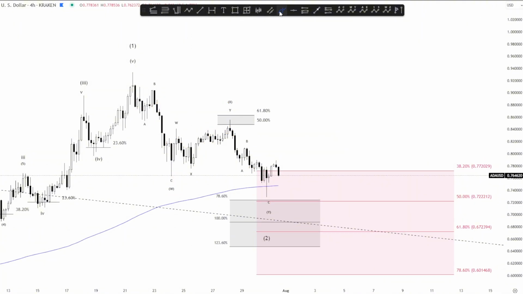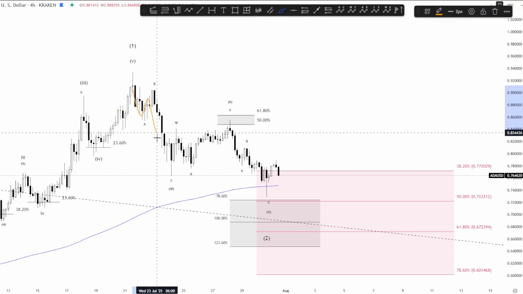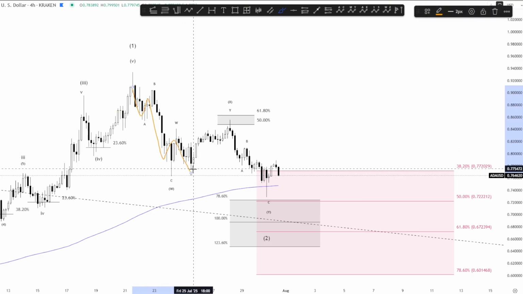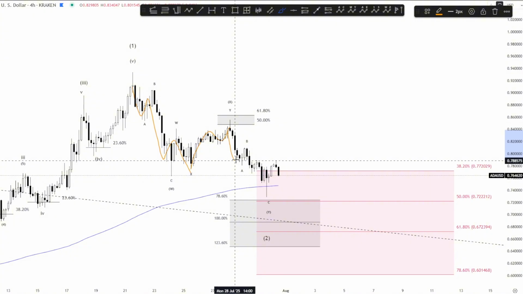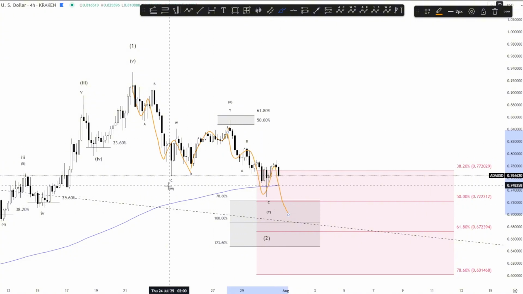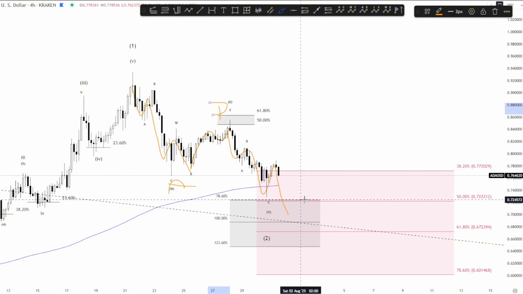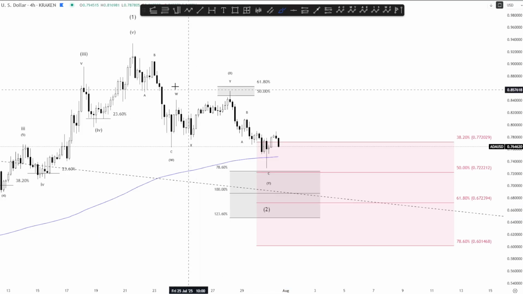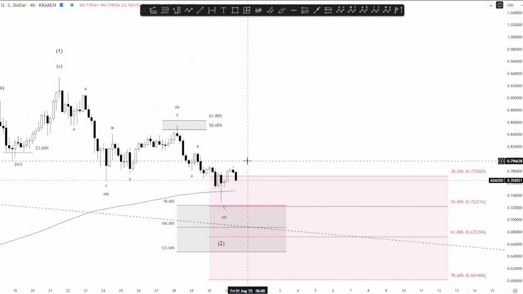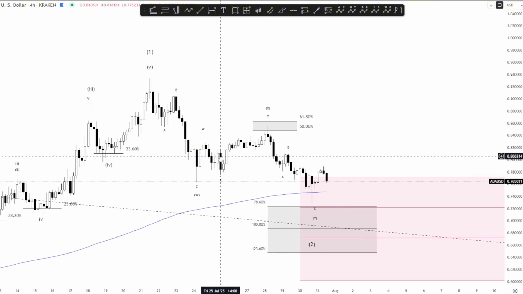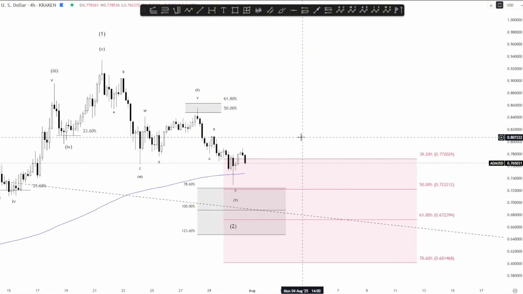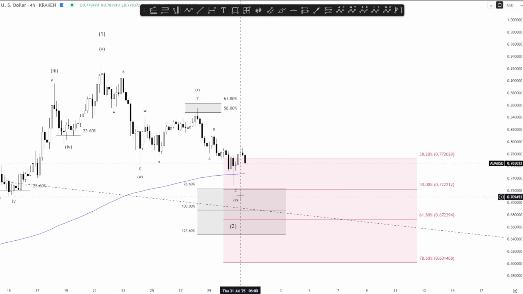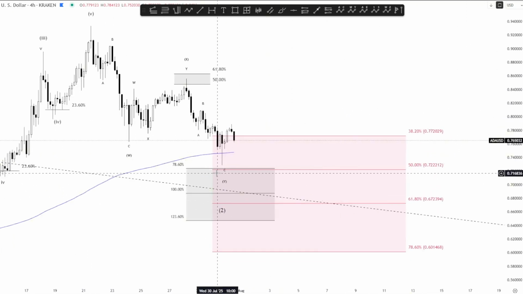Could also be just a 1, 2, 3, 4, 5, ABC, 1, 2, 3, 4, 5. So in that case, you have an A, B, C, two impulses tied to another. I would prefer to look at it as a complex correction right now. But in the end of the day, it really doesn't matter. It looks corrective, and important are the levels, right?